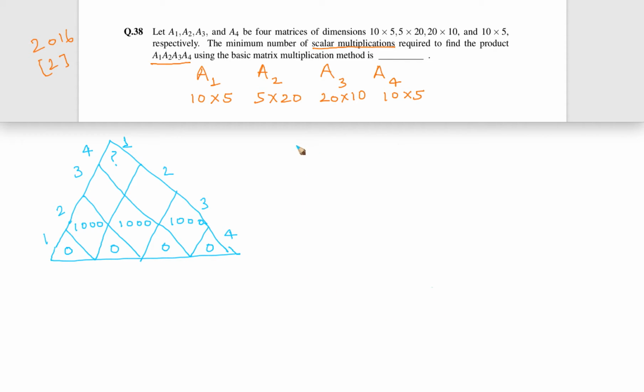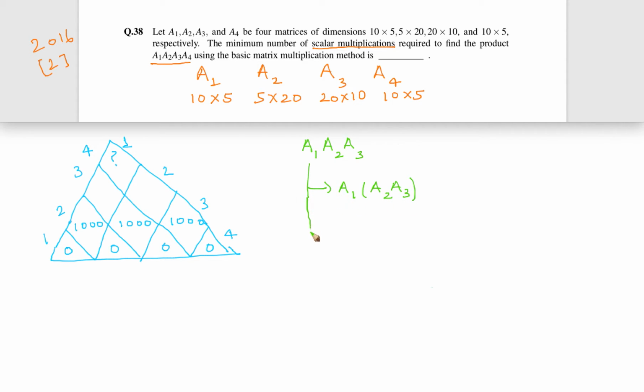When I'm talking about m13, it is basically a1 into a2 into a3. But in what order should it be multiplied? It can be multiplied in many ways, right? One way is a1, and firstly a2 a3 is multiplied, and then whatever is the result is multiplied with a1.